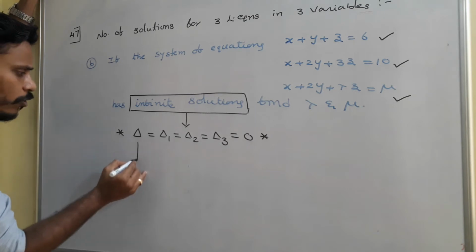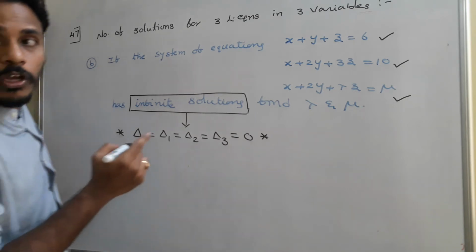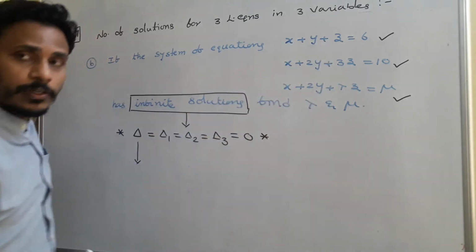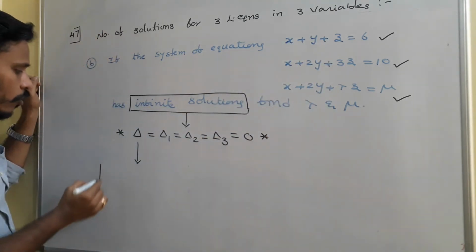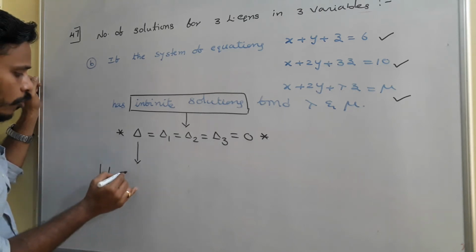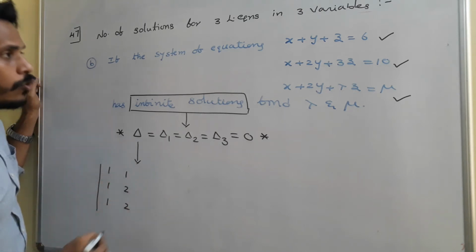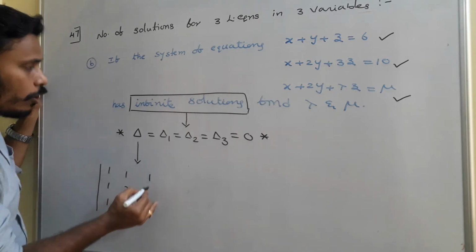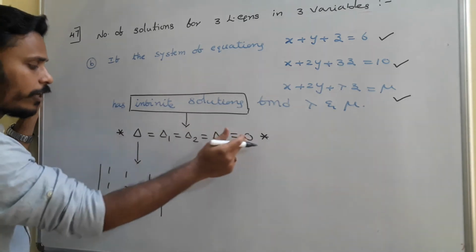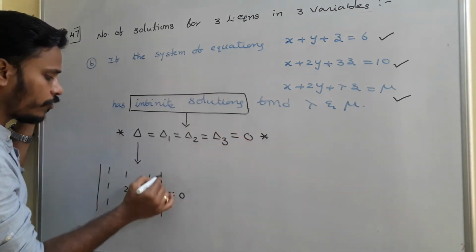So what do you say about delta? Delta means the coefficient matrix itself. We need to collect all the coefficients of x, y, z from the equations. So the determinant of 1, 1, 1, and then the y coefficients 1, 2, 2, and the z coefficients 1, 3, lambda, and this delta value is 0, so this determinant is 0, right?